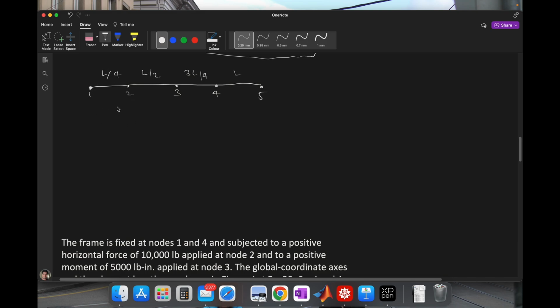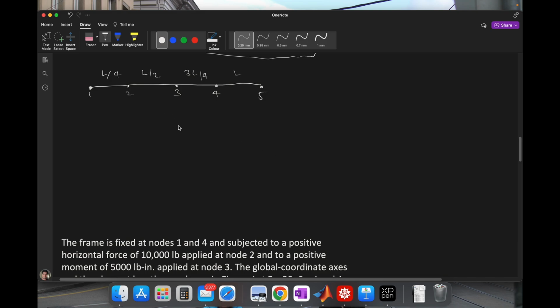So for node 1, I can write W1, W1 dash, W2 and W2 dash. So this is the meshing I am using.